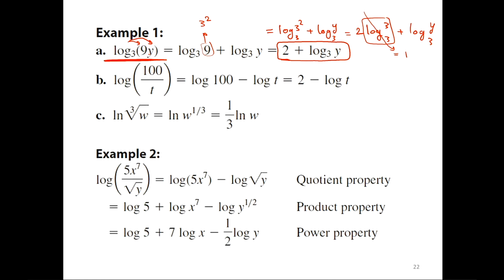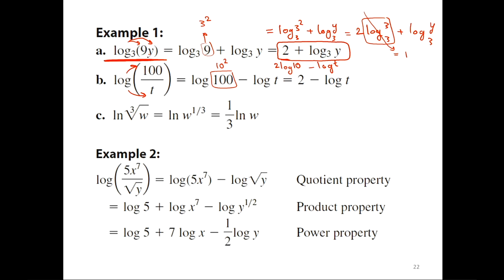If we have a fraction, logarithm of 100 with base 10, the common logarithm, minus logarithm of t. Also, 100 is equal to 10 squared. So we can put 2 log of 10 minus log t.